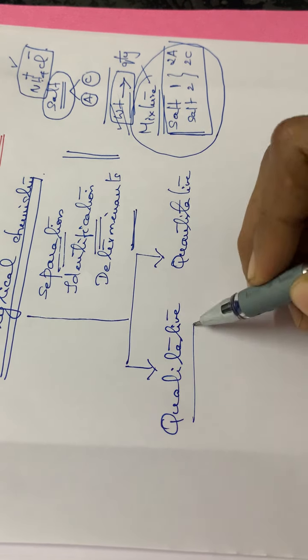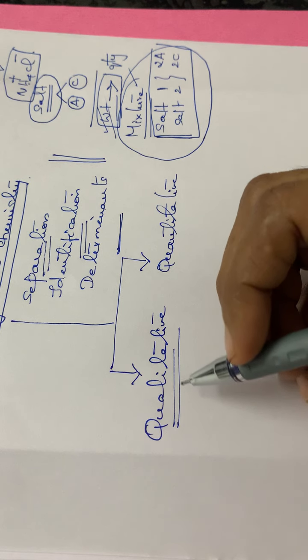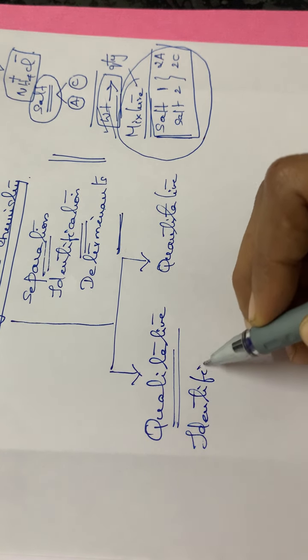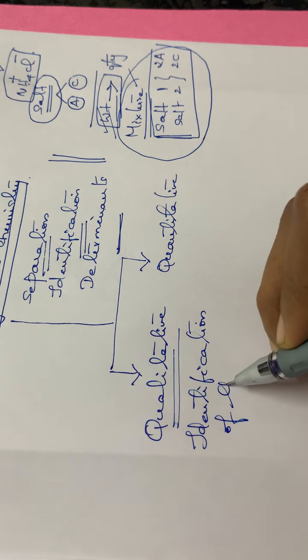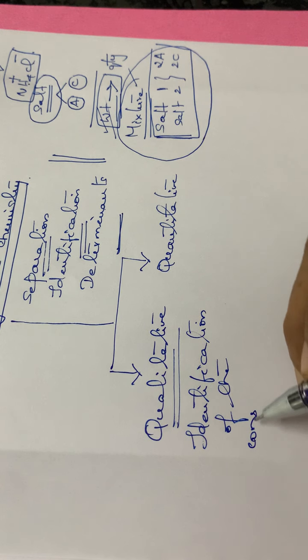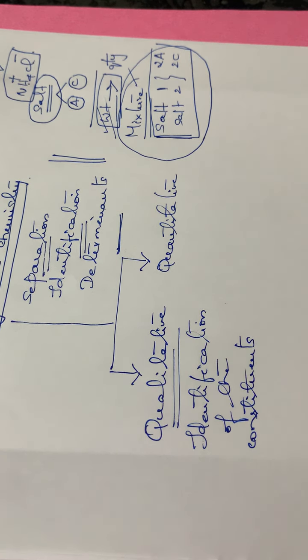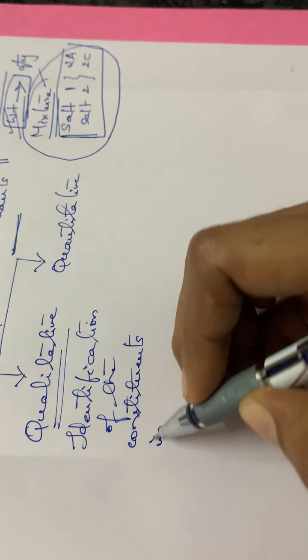In this qualitative analysis, there will be identification of the constituents of a sample. Identification of the constituents of the sample. That means you have to identify the anions and cations present in a particular mixture.